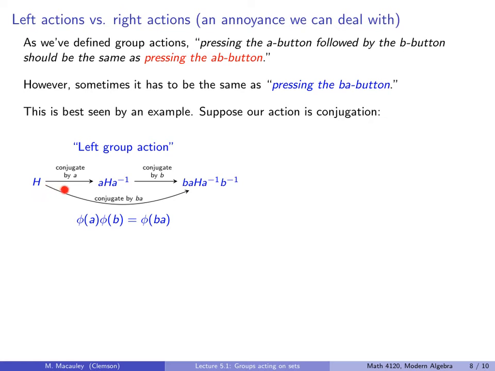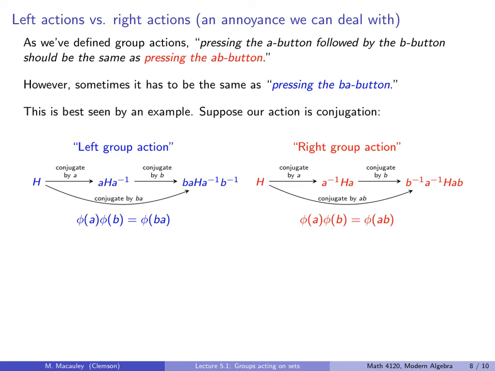So if we conjugate by A and then by B, notice that that is not the same thing as conjugating by the element AB. In fact, that's conjugating by the element BA, because there's BA, and this is the inverse of BA. So here, pressing the A button and then the B button is actually the same as pressing the BA button.